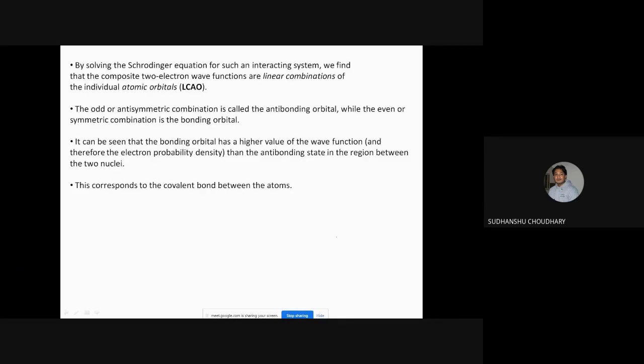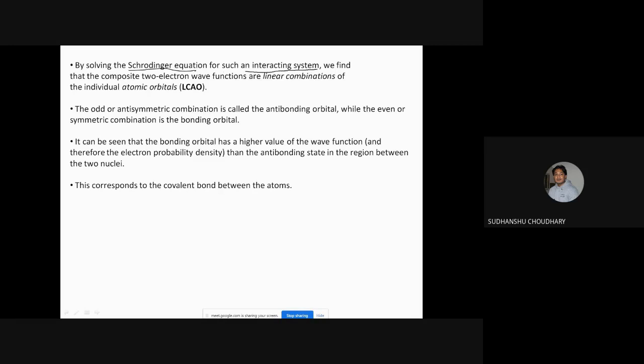So far, we had considered only the Schrodinger equation for a single electron system. But a single electron system is not possible in a material. There are many electrons, not just one electron, and those electrons also interact.